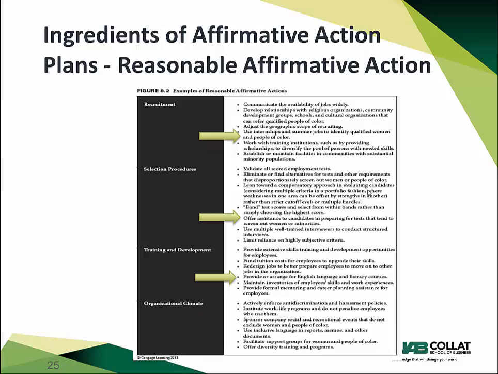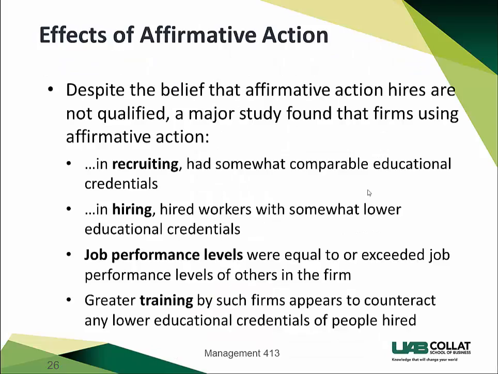If you're trying to recruit more people of other national origins who perhaps don't speak English, arrange for English language or literacy courses. And then finally, another example would be to facilitate support groups for women and people of color at your organization to make sure that they can be successful over the long term.